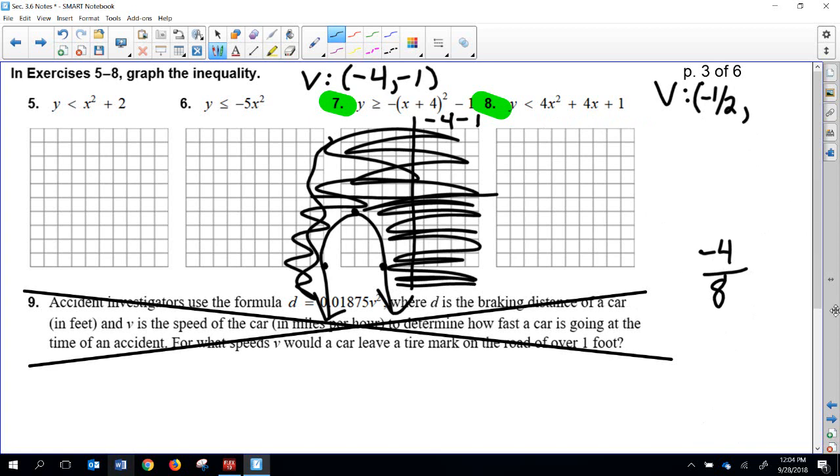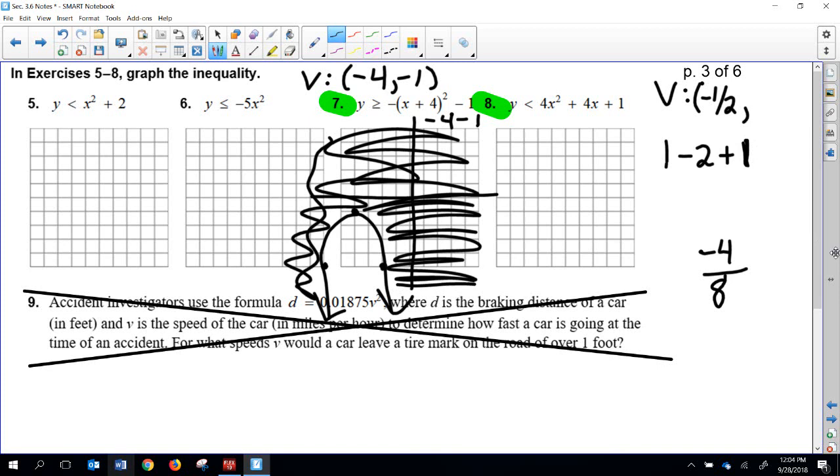To find the y coordinate, I have to plug it back in. -1/2 squared is going to be 1/4. Times 4 is 1. 4 times -1/2 is going to be -2 plus 1.